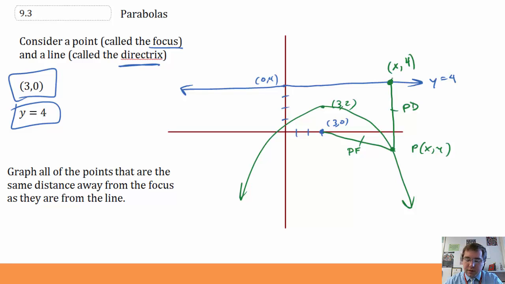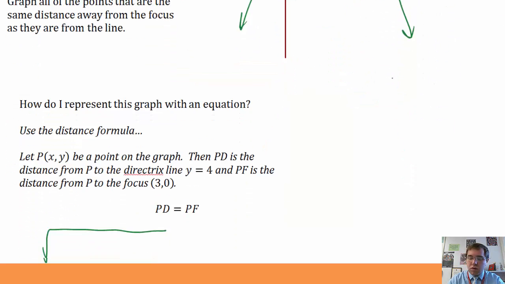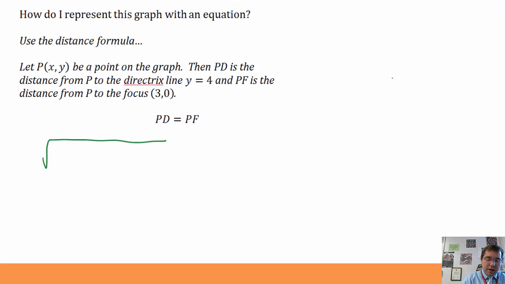It has the same x-coordinate as the point on the parabola, and its y-coordinate is 4 because it's on the line. So PD is the distance from (x, 4) to (x, y). Alright? So that means I will have the square root of (x minus x) quantity squared plus (y minus 4) quantity squared, the distance from (x, y) to (x, 4). That's going to equal PF.